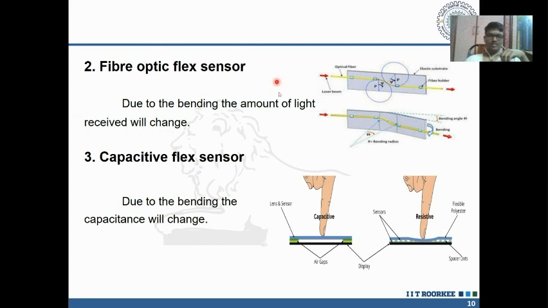So this is the fiber optic flex sensor. Next is the capacitive flex sensor, which works on the principle of capacitance. Due to bending, the capacitance of the capacitor changes. Thus, by measuring the change in capacitance, we can measure the change in the angle of bending.